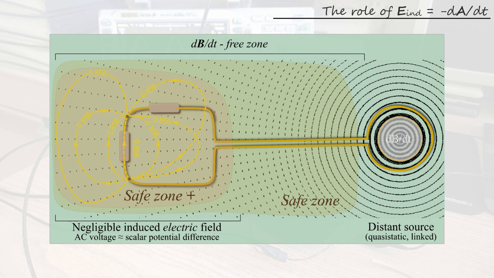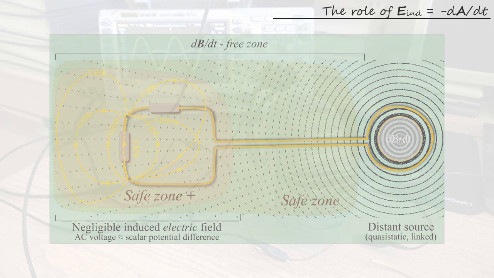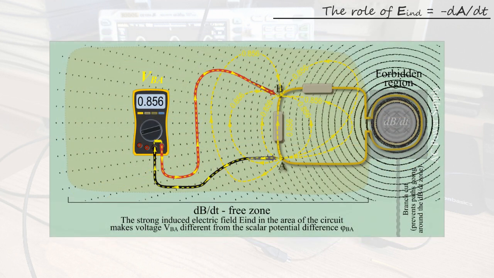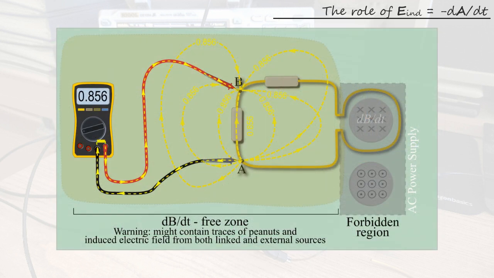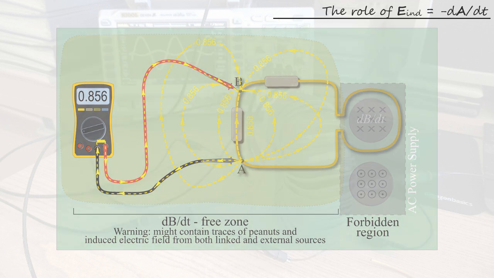This is true not only when the linked sources are so far away that their induced electric field would be near zero where the circuit is located, but also, and perhaps surprisingly, when the source is close enough to the area occupied by the circuit to introduce a significant amount of induced electric field in the dB/dt-free zone, like in this picture. Or like in this more familiar circuit where the power source is a more conventional transformer. Here, neither the primary winding nor the overall induced electric field are shown.